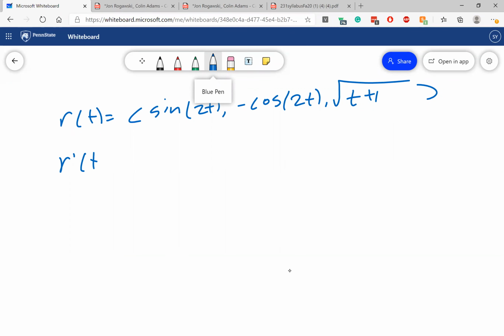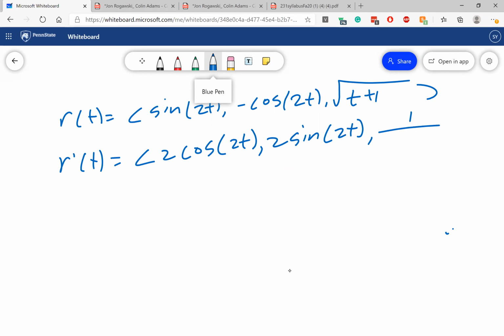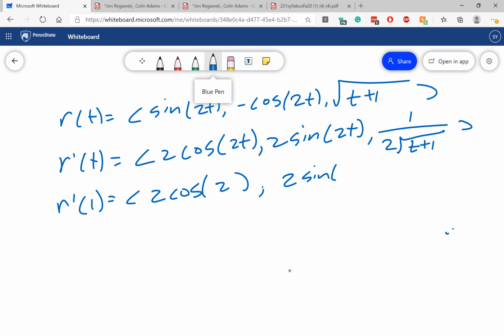So r prime of t is going to be 2 cosine of 2t, 2 sine of 2t, and 1 over 2 square root of t plus 1. And r prime at 1 would be 2 cosine of 2, 2 sine of 2, and 1 over 2 square root of 2. And this would be our velocity.